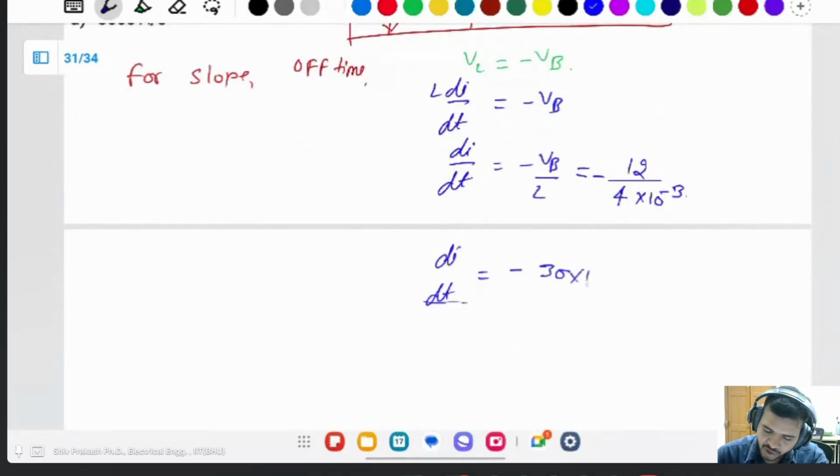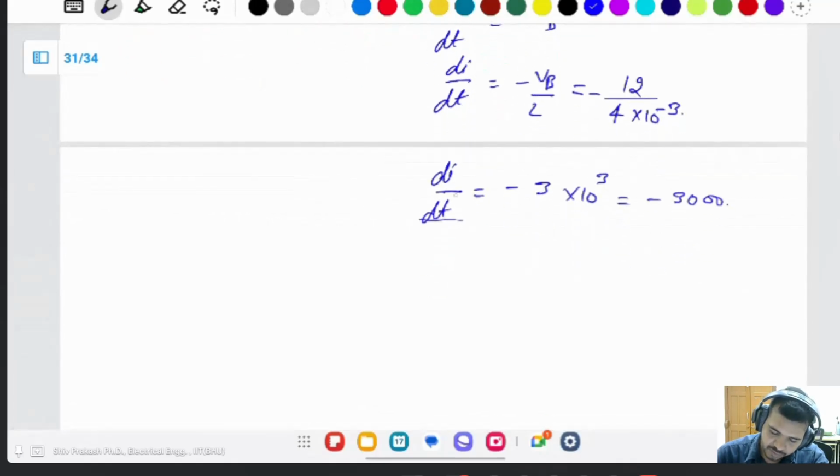Minus 3000, not 33. So di by dt is equal to minus 3000 ampere per second.